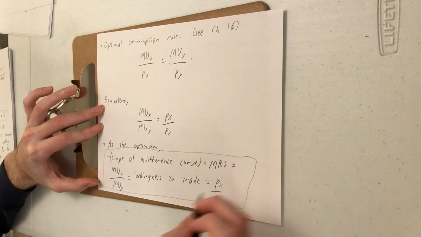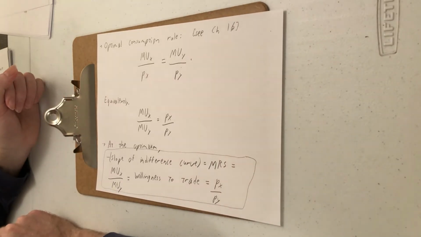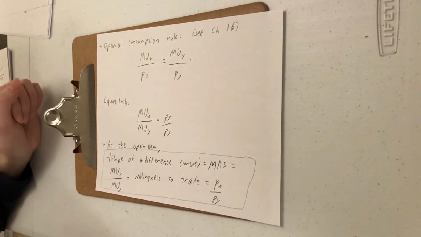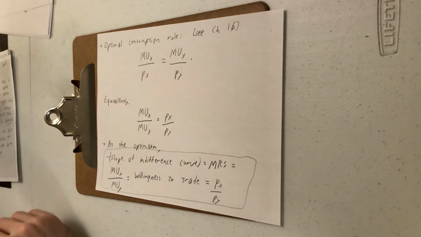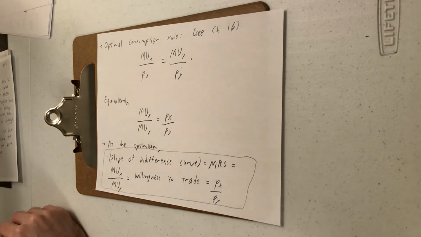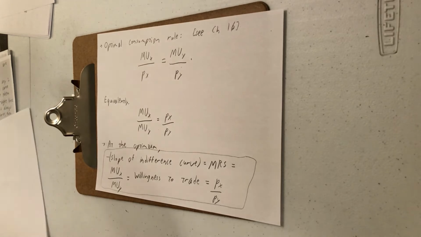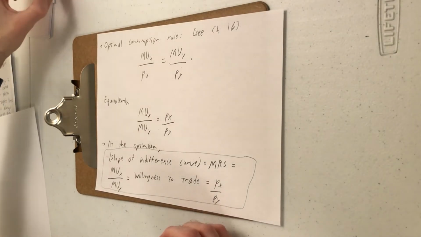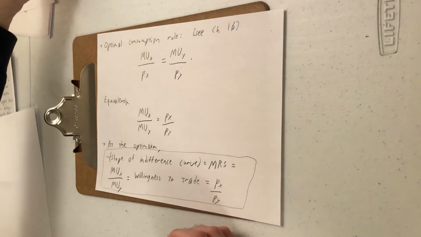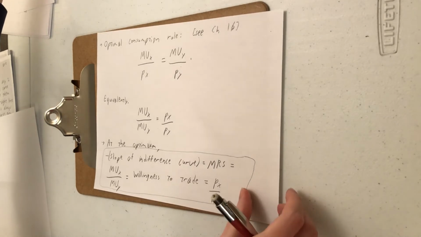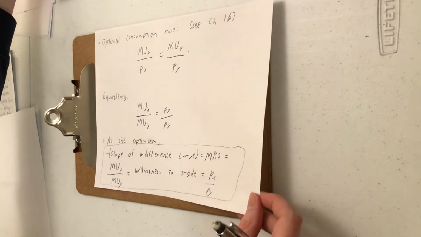So a lot of stuff we learned about earlier turns out to be equivalent. So that was our fourth property. Now I'll move on to property number 5.